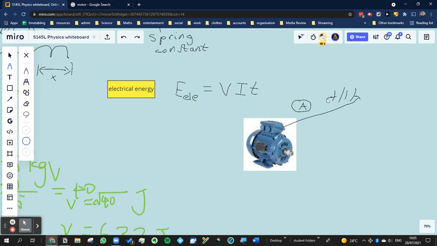Like this. And I need to put an ammeter in it. So I can measure the current with the ammeter, and then I can put a voltmeter across it like this. And I can measure the voltage with my voltmeter. And then I can have a stopwatch to measure the time.